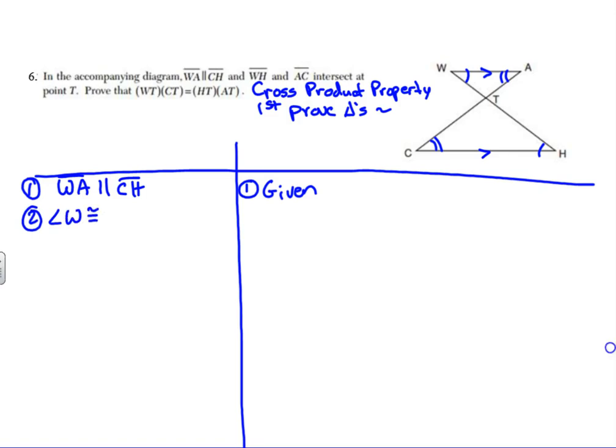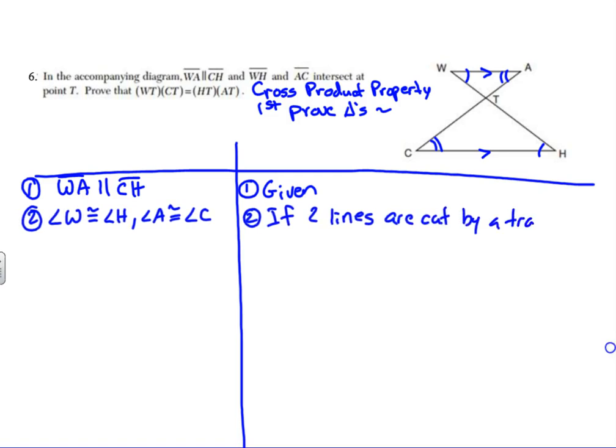So angle W is congruent to angle H. Angle A is congruent to angle C. And the reason is, if two lines are cut by a transversal and parallel, then the alternate interior angles are congruent.